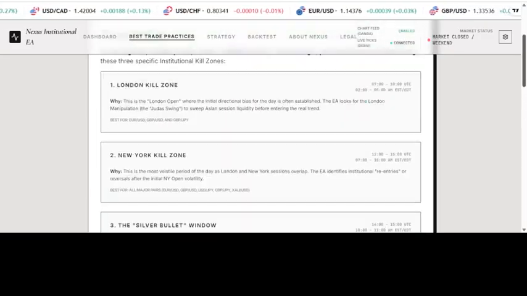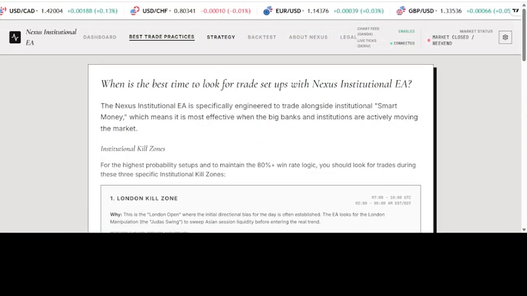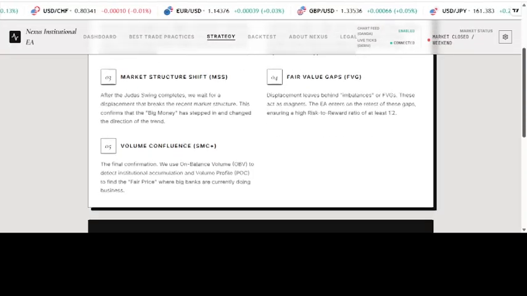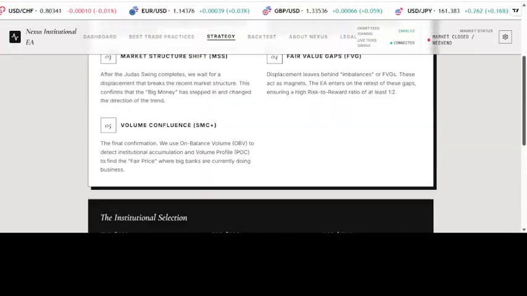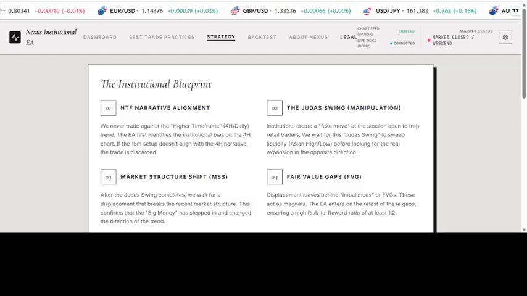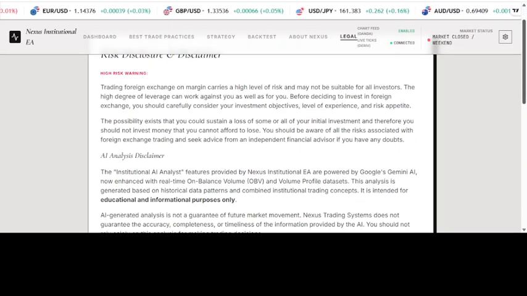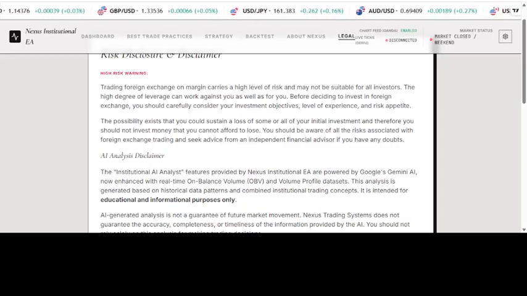So if we go to the strategy here, I talked about how the strategy was built into the EA, right? And then we have our usual legal disclaimers for the app. Trading Forex is considered risky and not suitable for all investors.